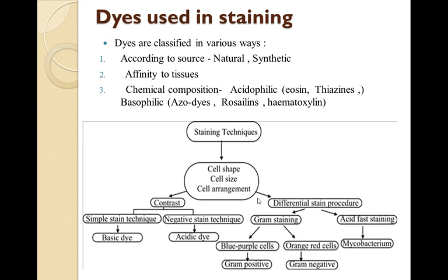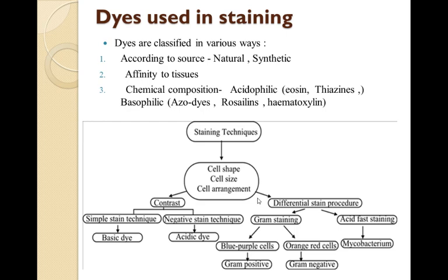If they are synthetic, they are called synthetic dyes. Next is on the basis of affinity to tissues, and third is on the basis of their chemical composition, meaning either they are acidophilic or basophilic. Acidophilic dyes include eosin and thiazine, and basophilic dyes include azo dye, rosaline, and hematoxylin.